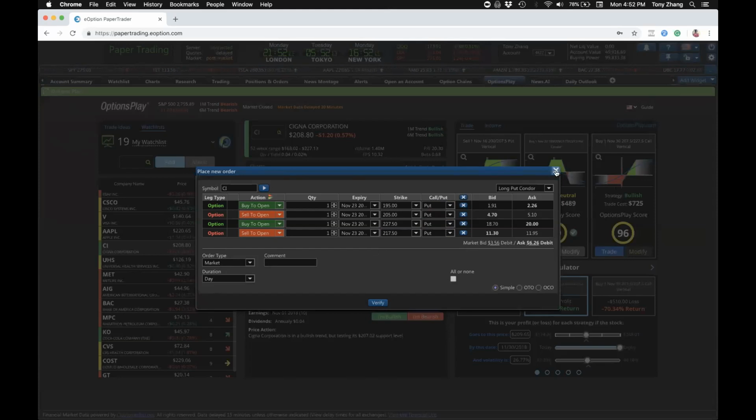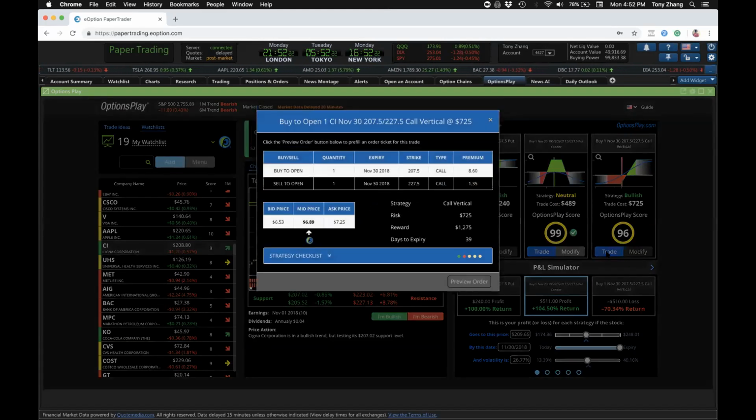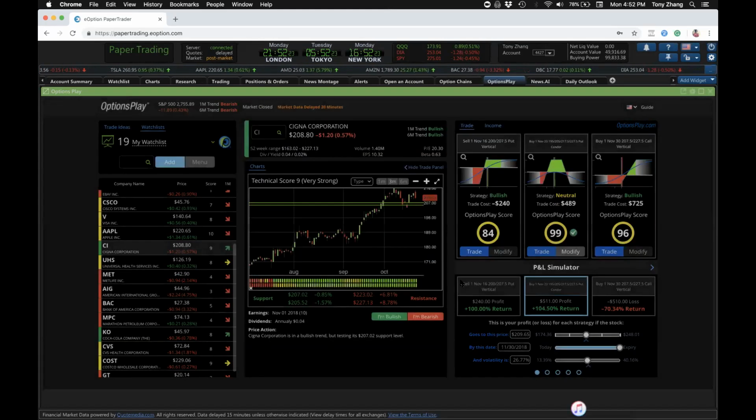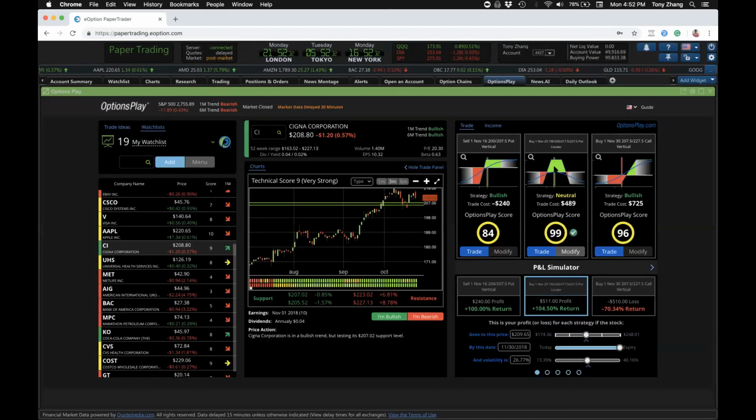You can do this all by the click of a mouse, and all you have to do is select the order type and send it off for execution. And this is designed to make your life as simple and as seamless as possible. So if you're viewing a trade in OptionsPlay and you're ready to execute it, just hit the trade button and you'll be able to place that trade immediately through OptionsPlay into your trading account at Regal Securities.